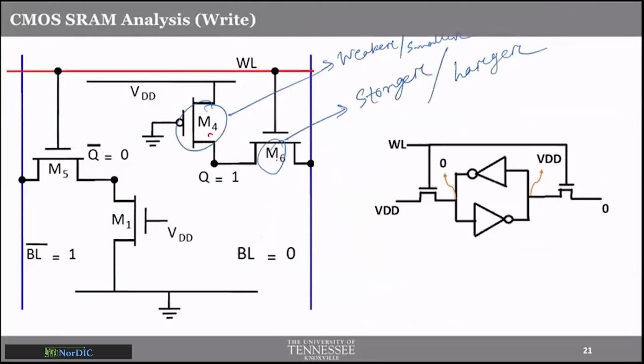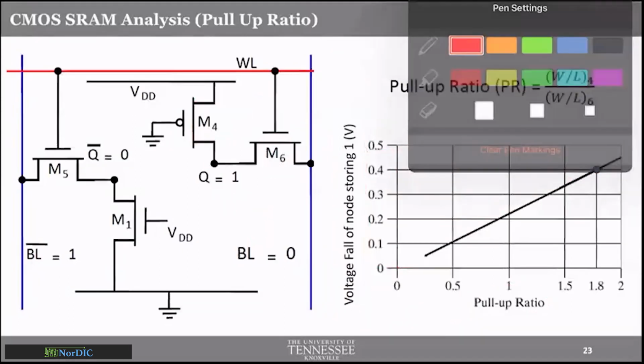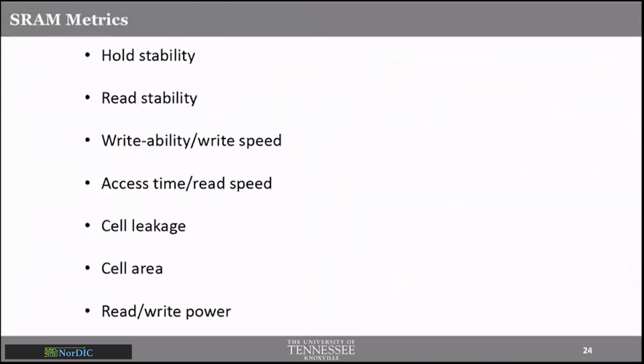We want M6 to win when we are trying to write, right? So just make it larger. That's it. It's easier to see. But also keep in mind the expression for pull-up ratio, because these are standard expressions used in industry. If you ever join a chip making company and work on SRAM design, they will always talk about pull-up ratio and cell ratio, right? So you need to be aware of what it means.